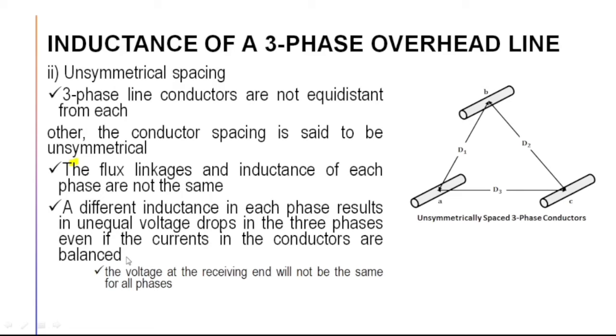Whenever the currents passing through the conductors are balanced, because of the difference in the inductance values, there is an unequal voltage drop in the 3 phases. Because of this, the voltage at the receiving end will not be the same for all phases.